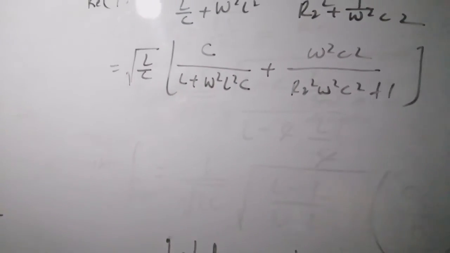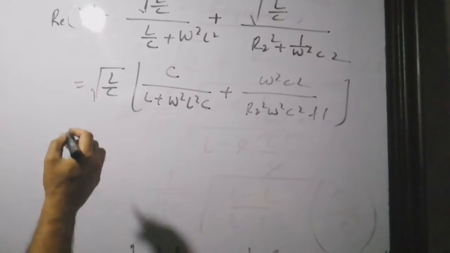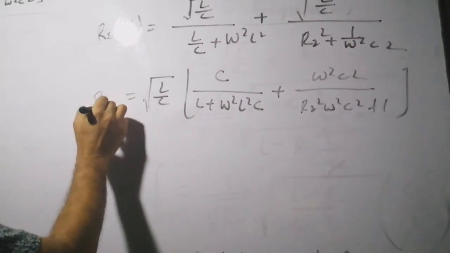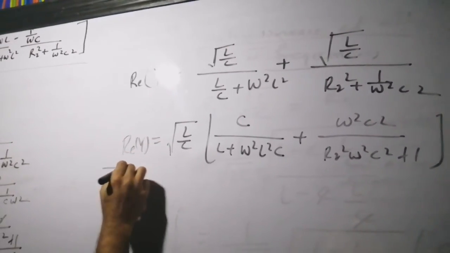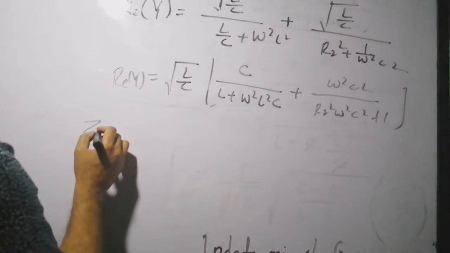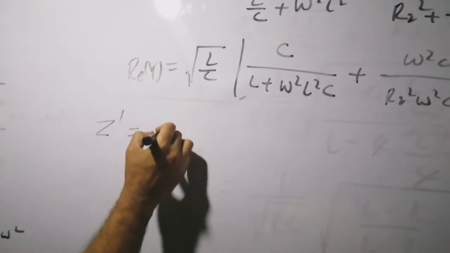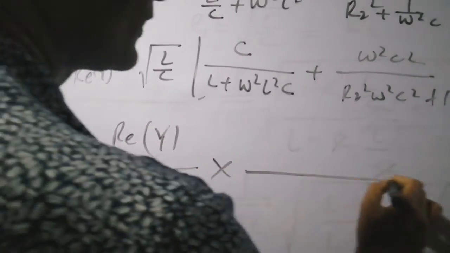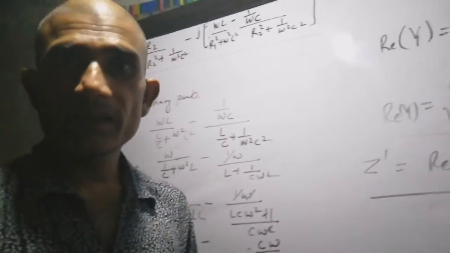And so what we can do now, just multiply, and so this will be the real part of the admittance, and only the real part is left here. So the admittance in this case becomes equal to the real part of Y.